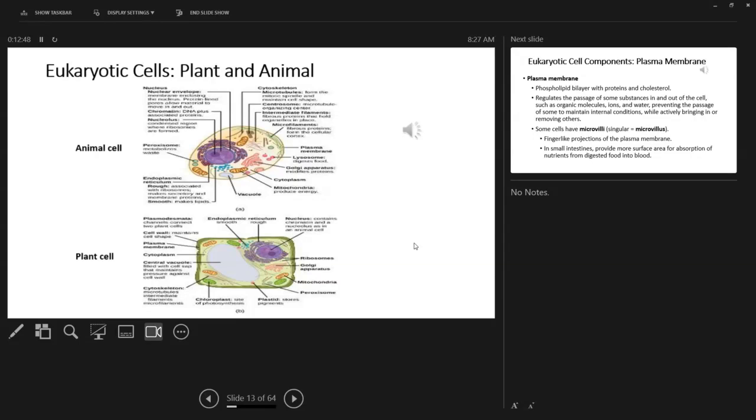But in the plant cell, the central vacuole has water, and often some other molecules stored in that water. It can be proteins or sugars stored in it, but it has an important function in plants that don't have wood. Plants that have wood, we call them woody plants, and the wood makes them stiff and helps them stand up straight. But many plants don't have wood.